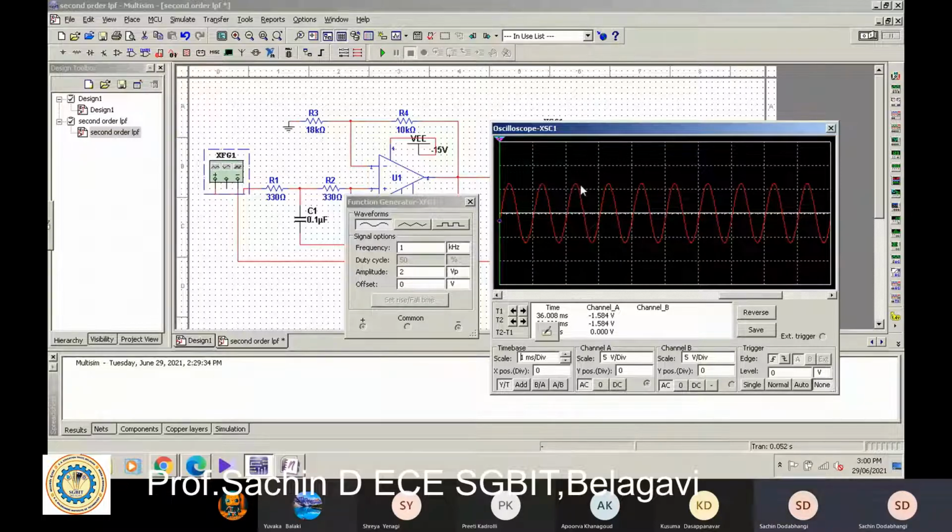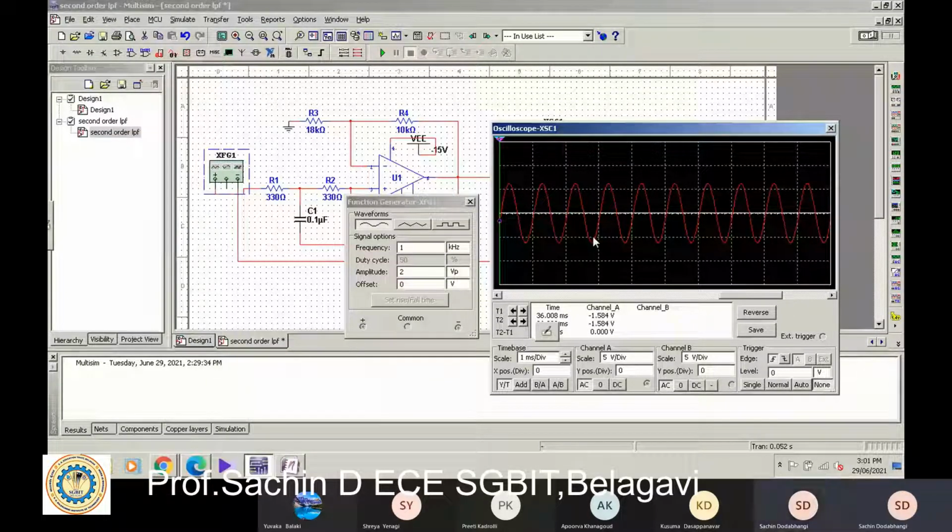Look at the cursor here. It is covering 1 division, and above that 1 division, some 0.4 division more. So totally the positive cycle is covering 1.4 divisions, and the negative cycle is covering 1.4. So total peak to peak is 2.8.